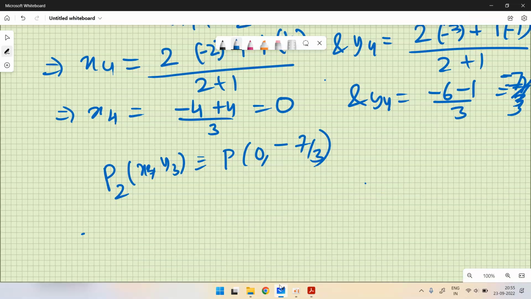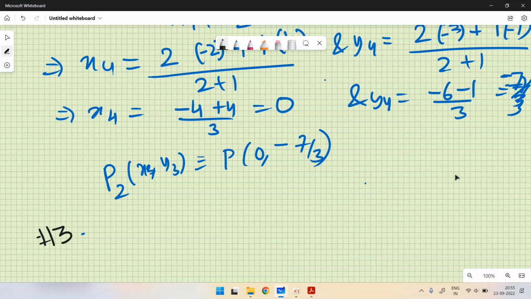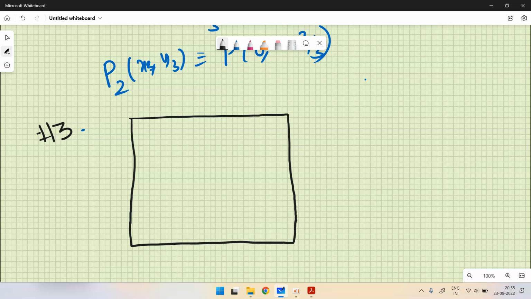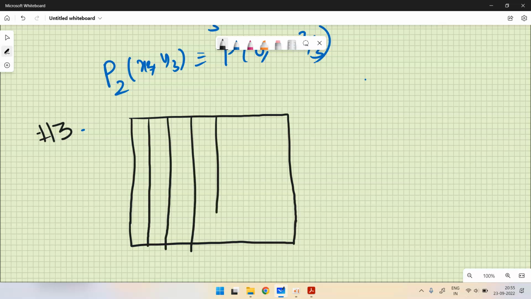What you are given in question number 3 is a field ABCD.